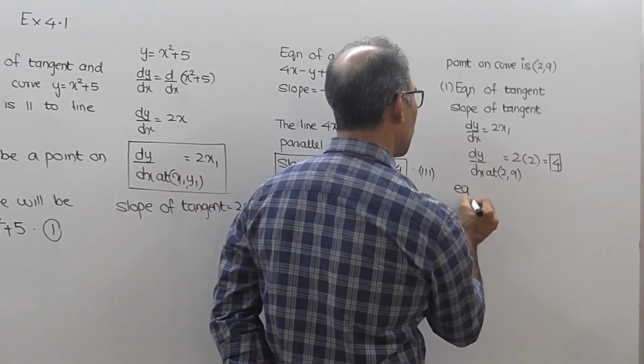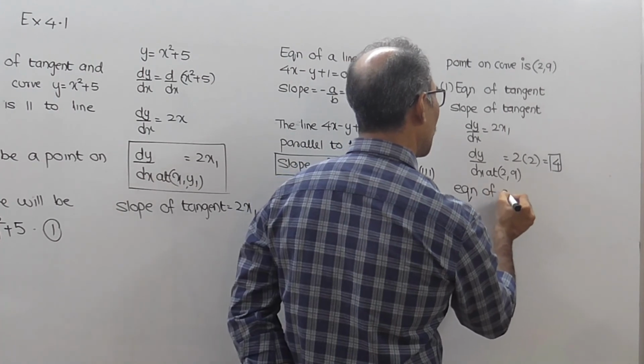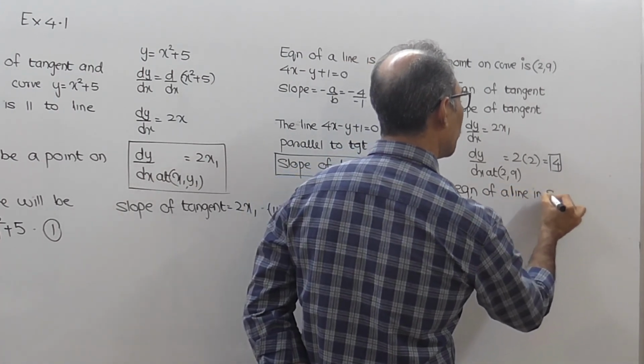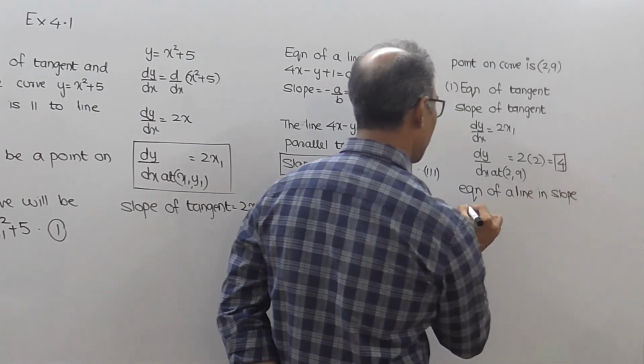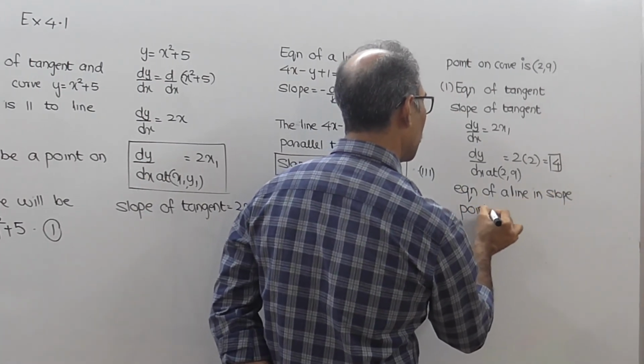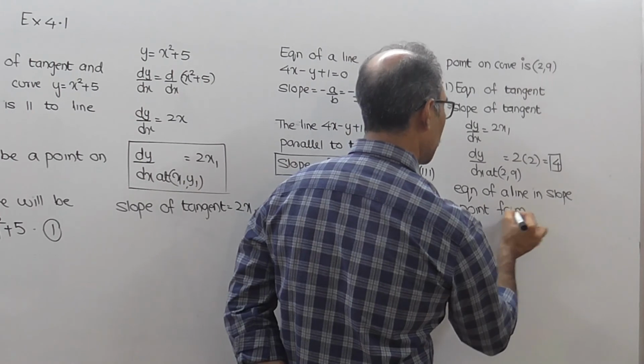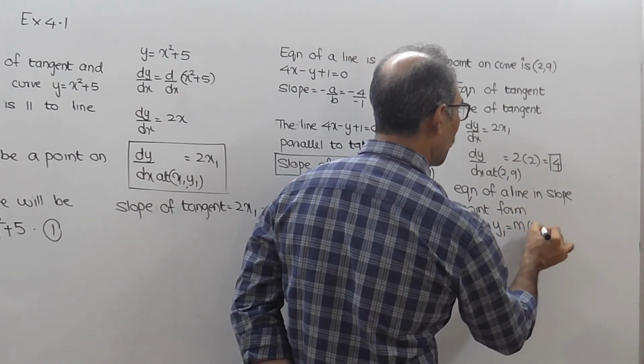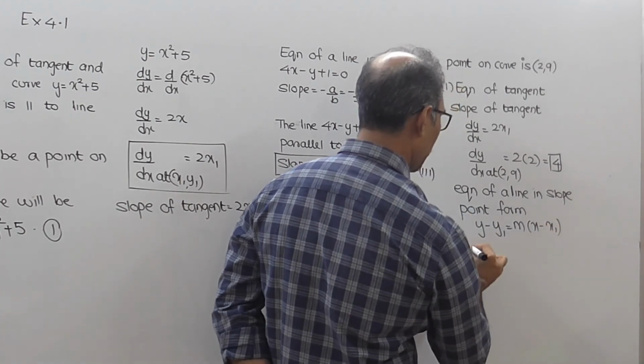Then we use the equation of a line in which form? Slope point form, which is defined as y minus y1 equal to m into x minus x1.